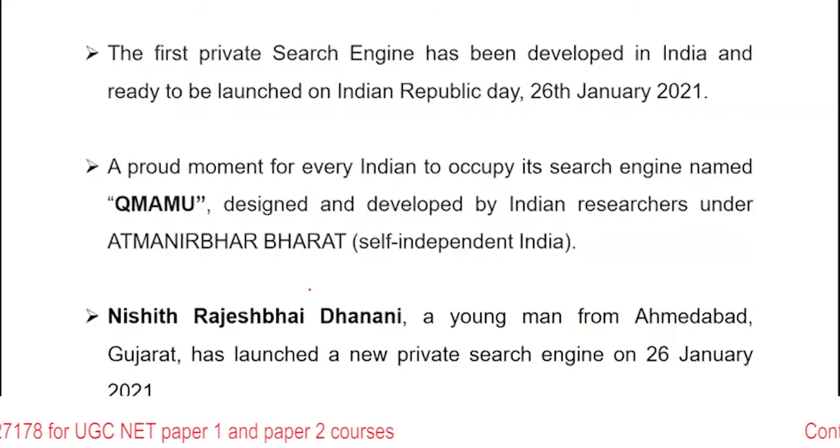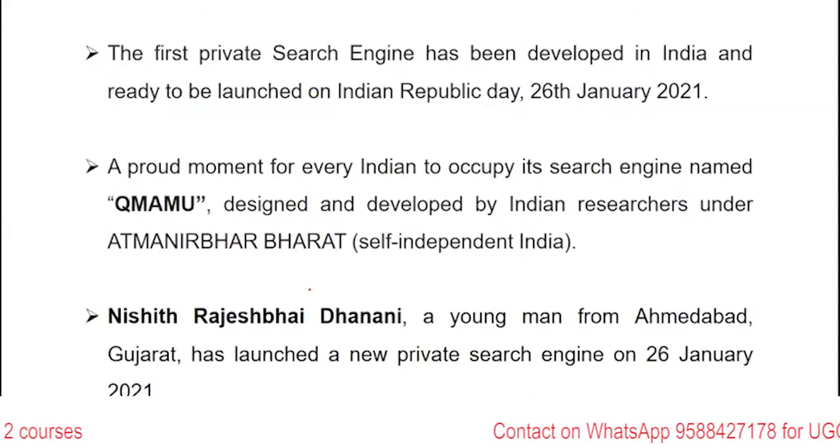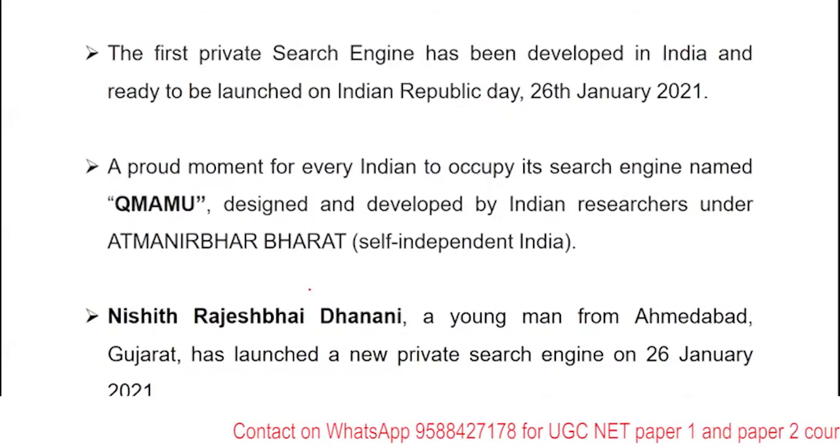Then, as I said, we are doing a little bit of latest updates with ICT. So you have those slides for some time now. One of the private search engines that has been developed in India, this is one of the latest news, was launched in the year 2021 on 26th of January. It is a proud moment for every Indian.